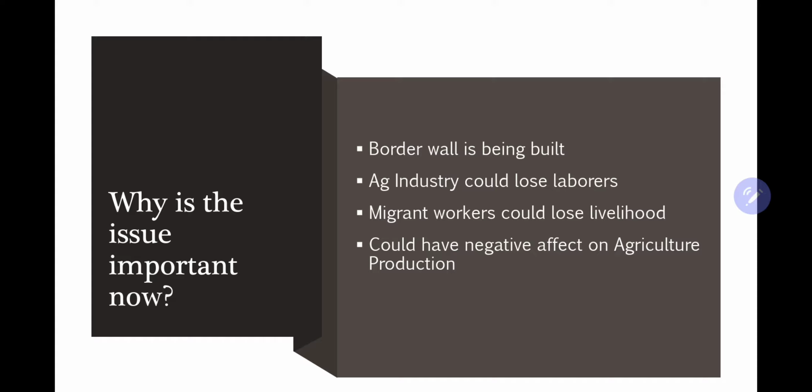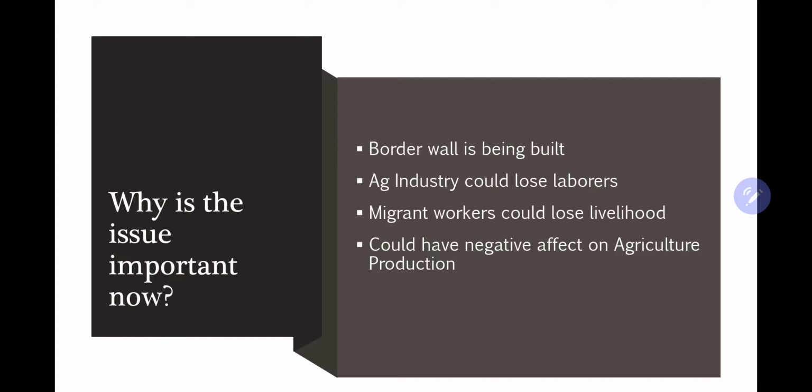So why is the issue important? Because the ag industry could lose laborers if we lose out on illegal immigrants. If the restrictions stick and they get deported, then we might lose some of those laborers that work for the ag industry.